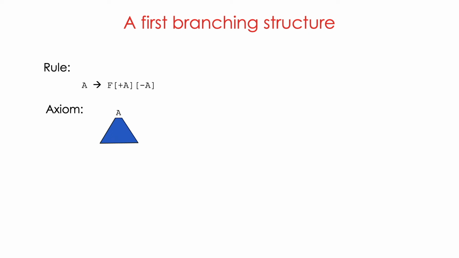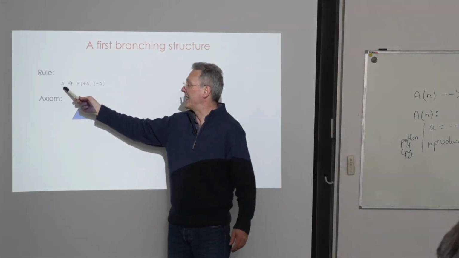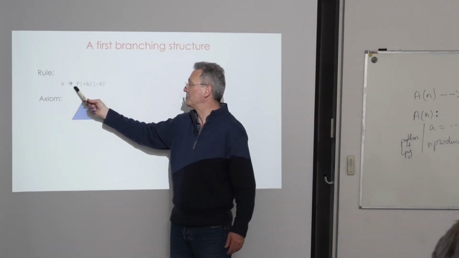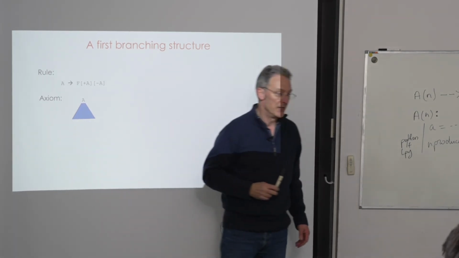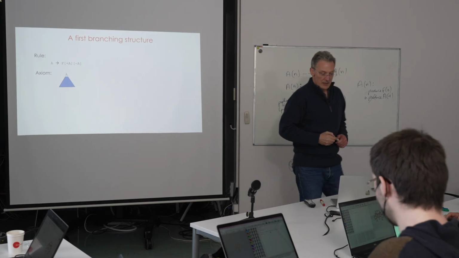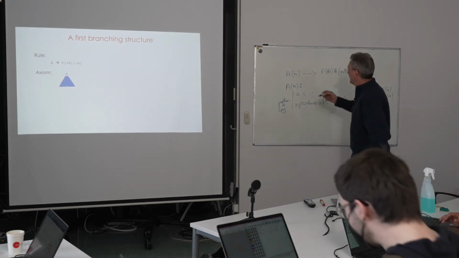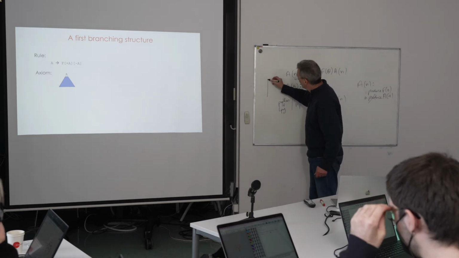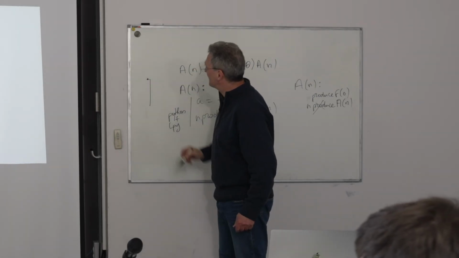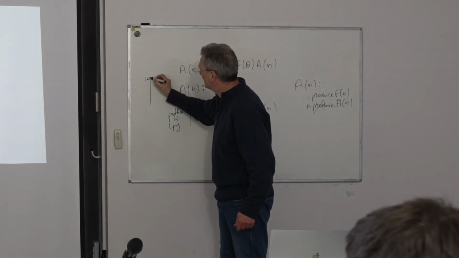So the first branching structure will have this rule, which is an A producing an F and 2 lateral A's. Okay? So you see that the F will produce this, and the plus will orient the head in this direction, but with a bracket.